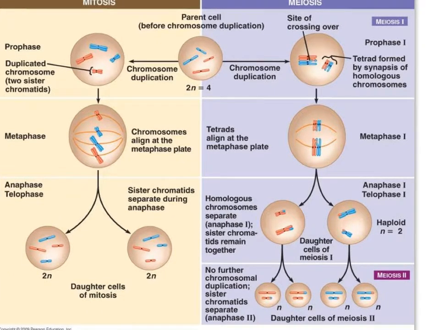So during prophase 1, that's during meiosis 1, there's two parts to meiosis, meiosis 1 and meiosis 2. Prophase 1, the chromosomes condense, as they do over in mitosis.